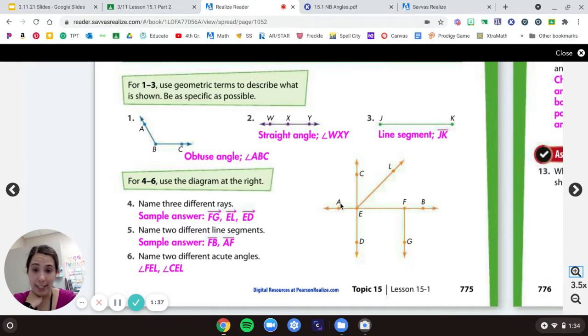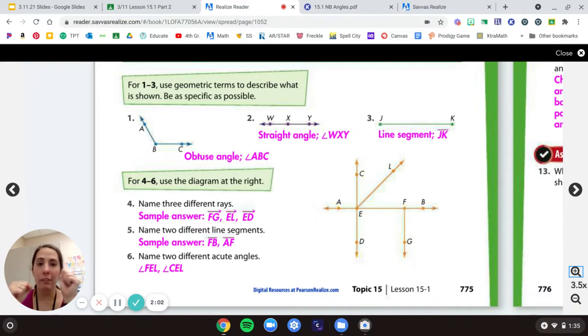We could do line segment AE, CE, EC, EA, LE, EL. With line segments, we can flip the order because we talked about in class, it's symmetrical. It has a point on either side. Sorry, I meant line segments, not rays. Line segments have points on each side.